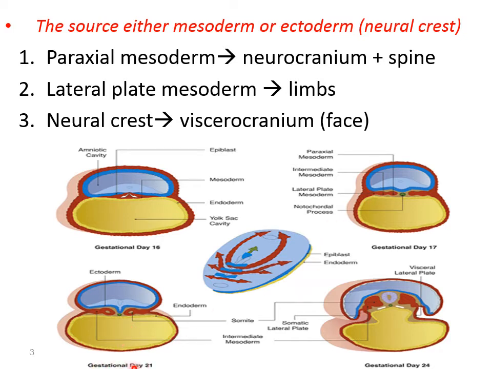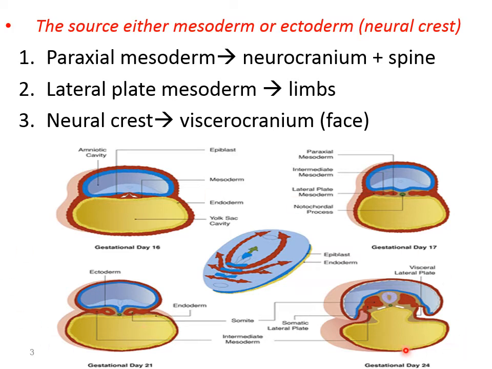In gestational day 21, we have the ectoderm and also the mesoderm. The paraaxial mesoderm forms the somite, the intermediate mesoderm, and the lateral plate mesoderm, which differentiates into two layers.